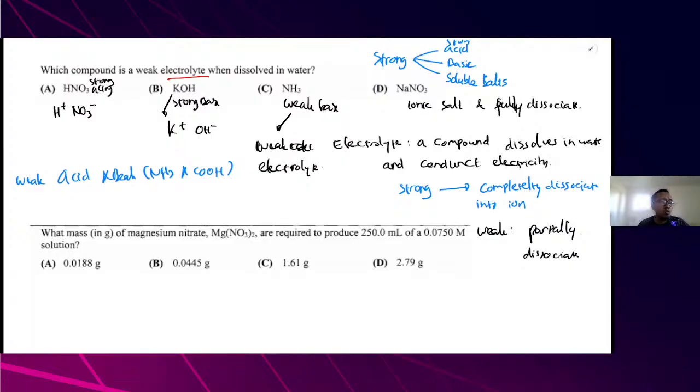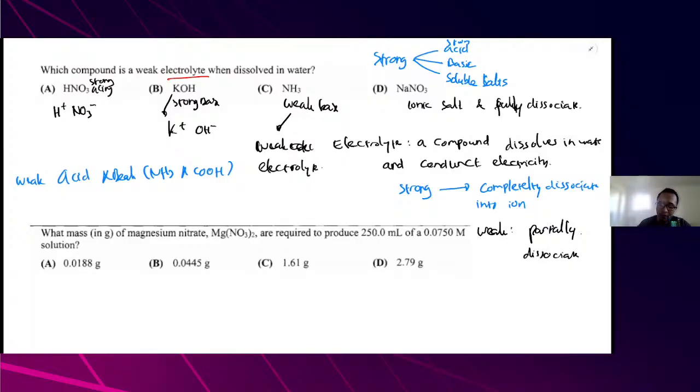So we are moving into solution chemistry. We are asked to calculate how much magnesium nitrate is needed to make 250 milliliters of 0.0750 molar solution.